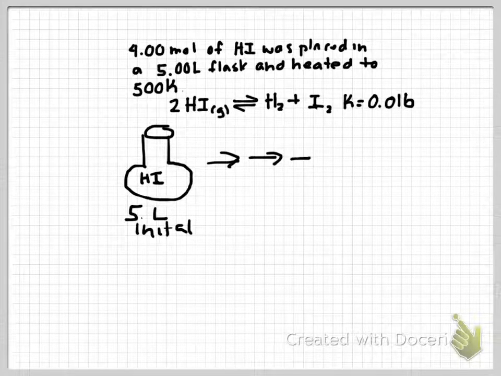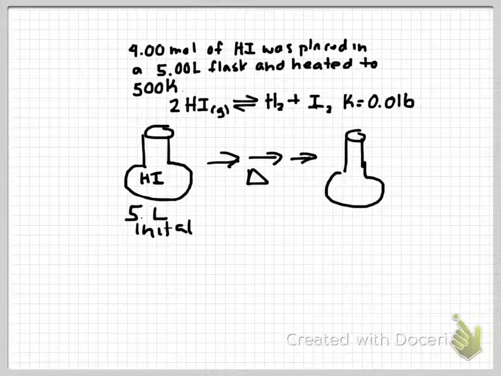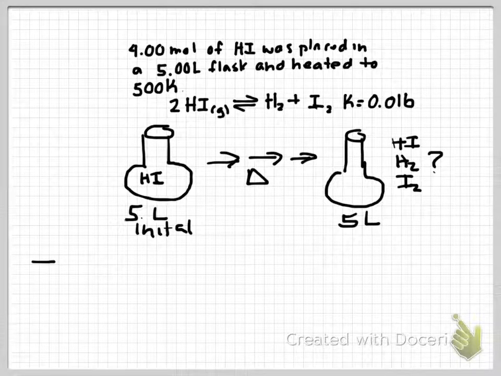And after some time, we're going to have our flask. We added some heat to it. We heated it to 500 Kelvin. And now we're going to have our hydrogen iodide, hydrogen and iodine. And the question at hand is how much of our different components are going to be in our flask when we reach equilibrium.